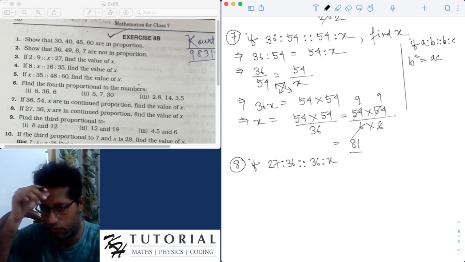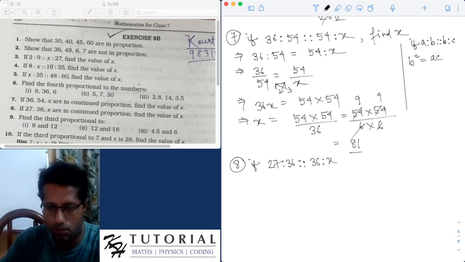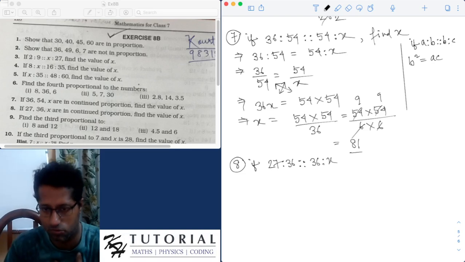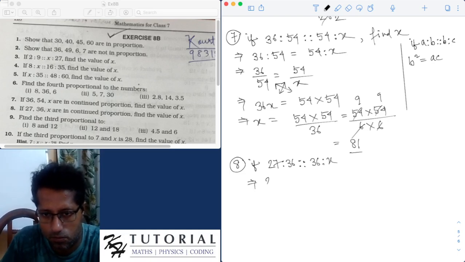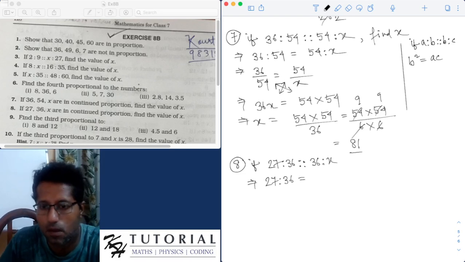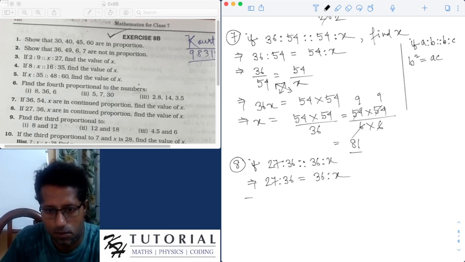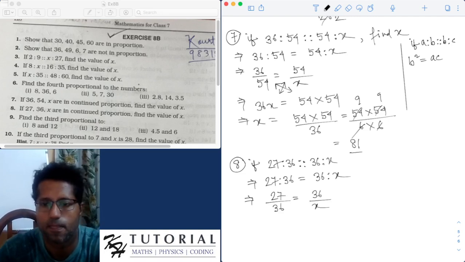If 27, 36, x are in continued proportion, it means that 27 is to 36 is equal to 36 is to x. So this implies 27 by 36 equals 36 by x.